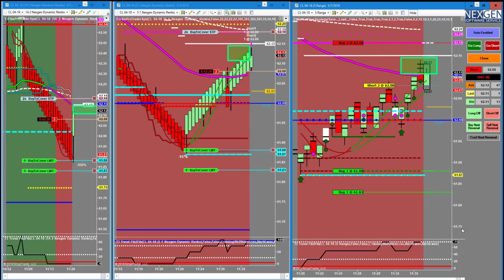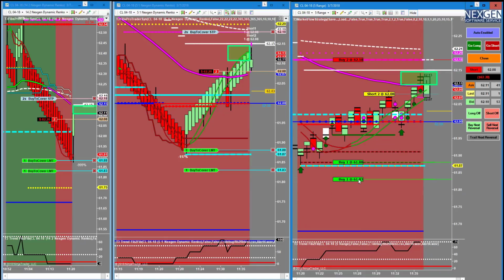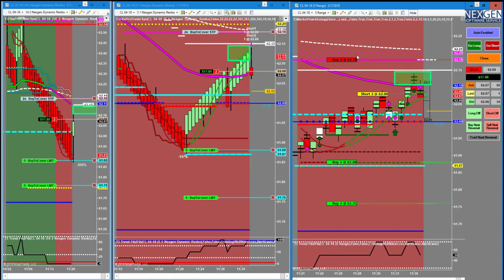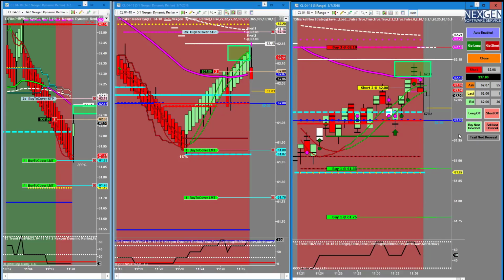So again, working on your targets first is always a good thing. Let's just move some targets around real quick. Look, there's a yellow 1-to-1. That's a support area over here on our large chart. So we'll put our target above it. Our stop's in place, so we don't have to worry about anything at the moment.